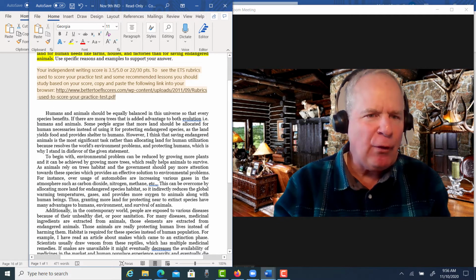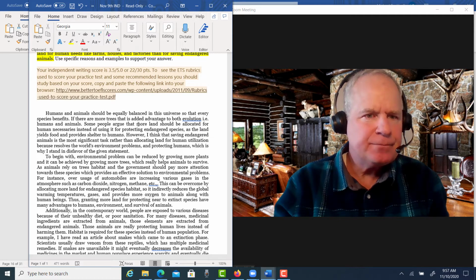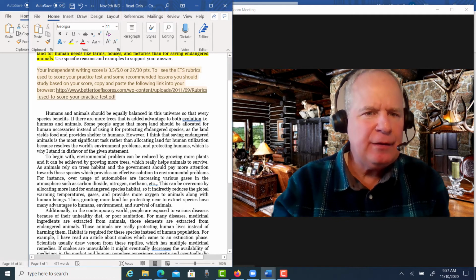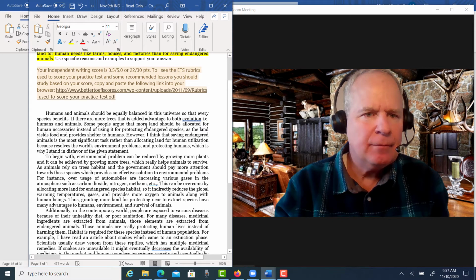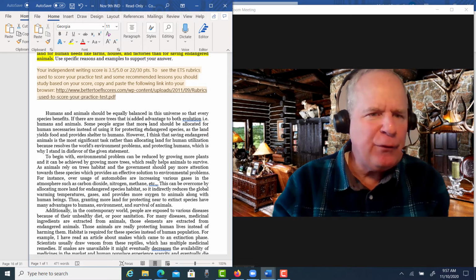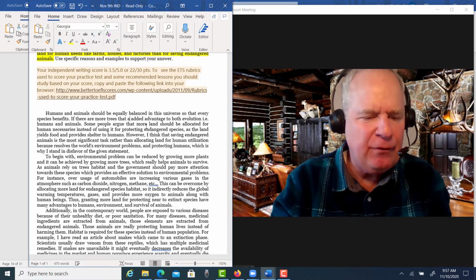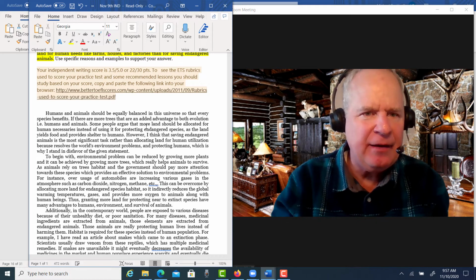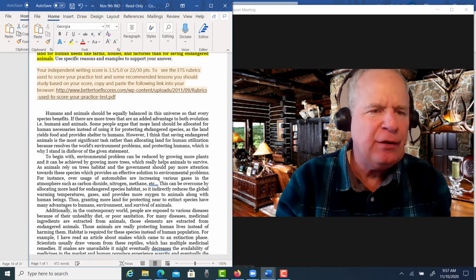Okay, if there are more trees, that is, you have to say, if there are more trees that are added, that are maybe an added advantage to both evolution, humans and animals.